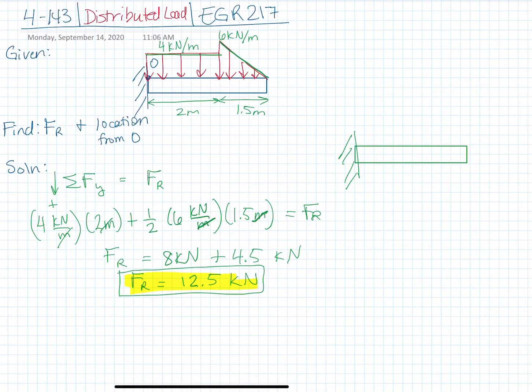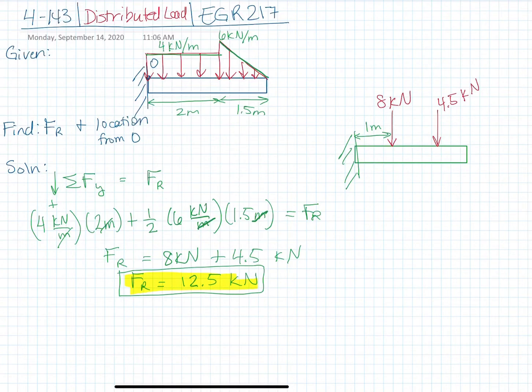So it's going to act in the middle of that, at 1 meter, and that's 8 kilonewtons, which is 4 kilonewtons per meter times the 2 meters. And then the other one is that 1/2 times 6 times 1.5, which was 4.5 kilonewtons. So we'll put that here, 4.5 kilonewtons.